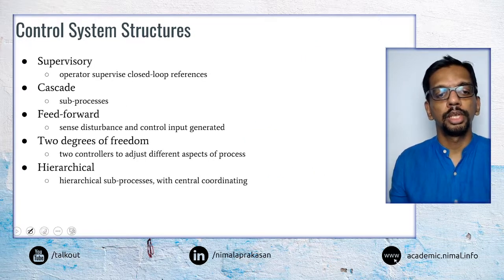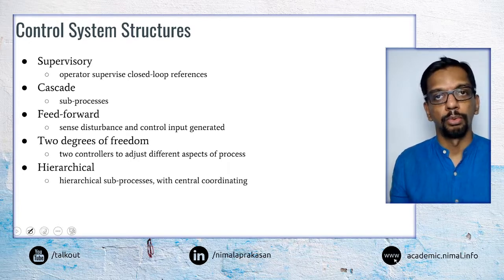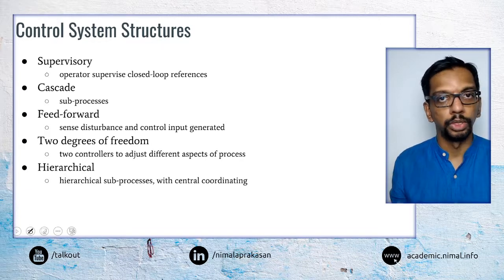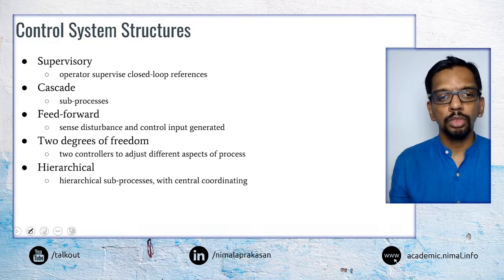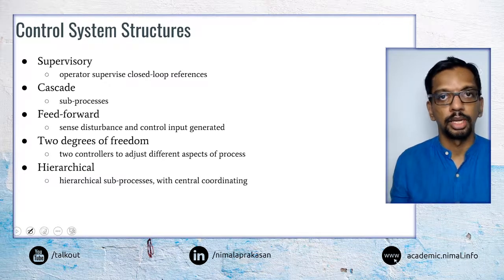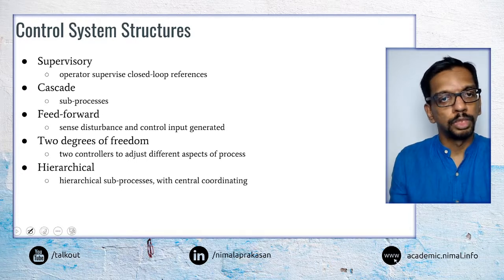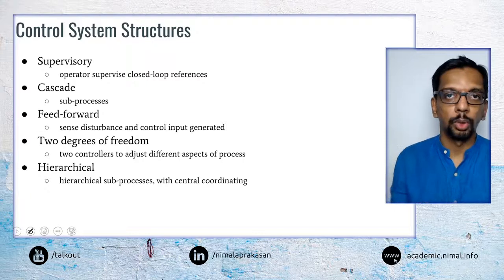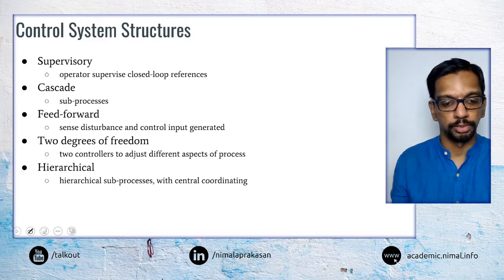But in addition, there are other structures for control systems as well. We may not focus much on these in the course, but you may come across some of them when you are doing a project as part of the course. Things like supervisory systems, cascade systems, and feed forward systems. This is something similar to feedback systems, but fairly different as well. We may discuss some of these later on, but our main focus will be on open loop and closed loop systems.